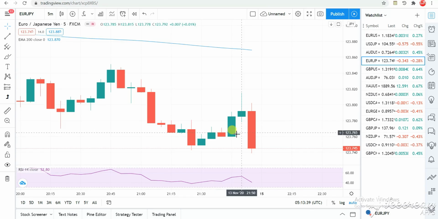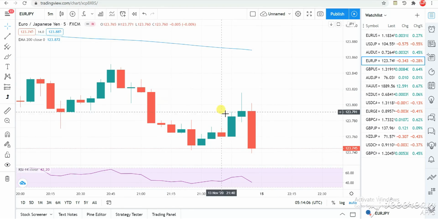This is a bullish candle, because the close is above the open of this candlestick. And the same goes for a bearish candlestick. The market opened at this point and closed at this point. So this bearish candlestick means that the close of this candlestick is lower than the open. That is a bearish candlestick.